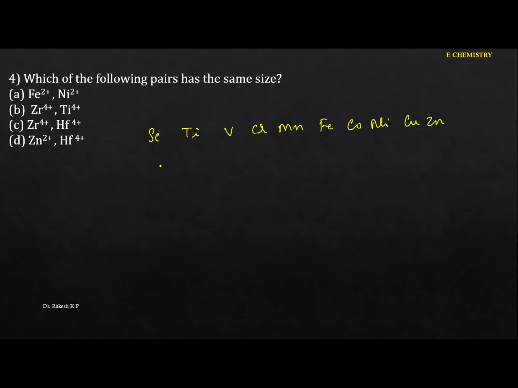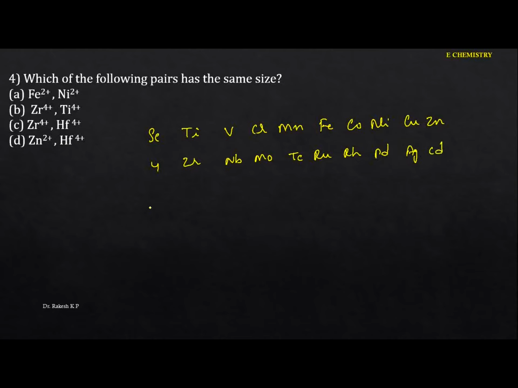For the 4d series, yttrium, zirconium, niobium, molybdenum, technetium, ruthenium, rhodium, palladium, silver, and cadmium.